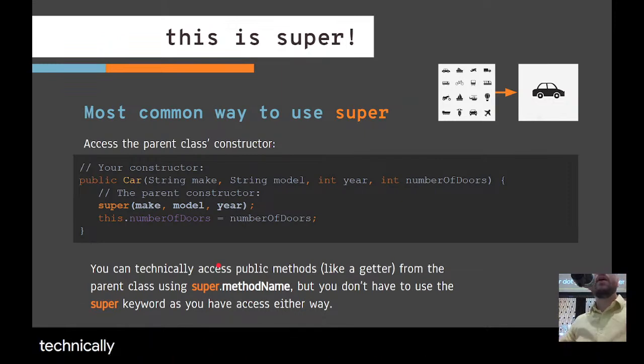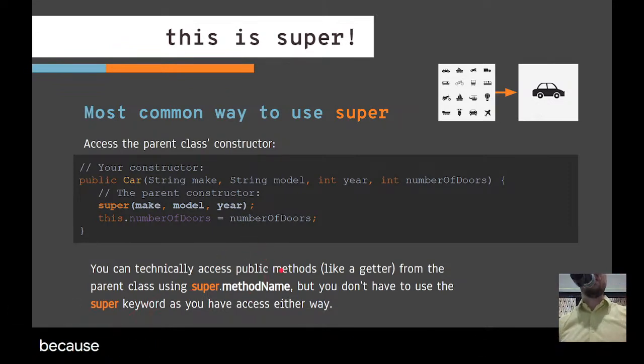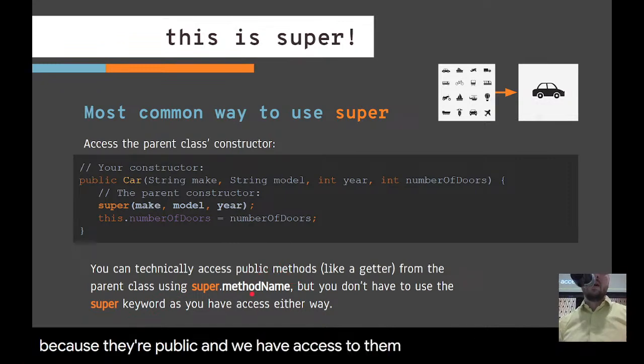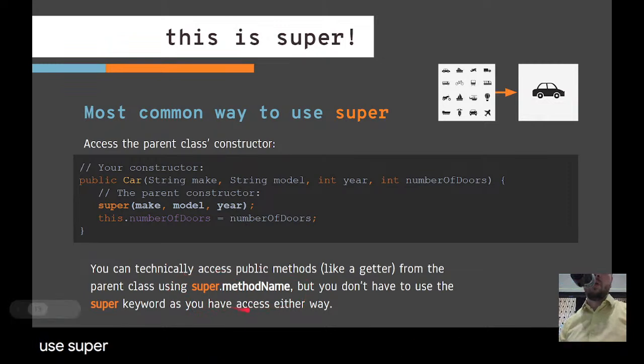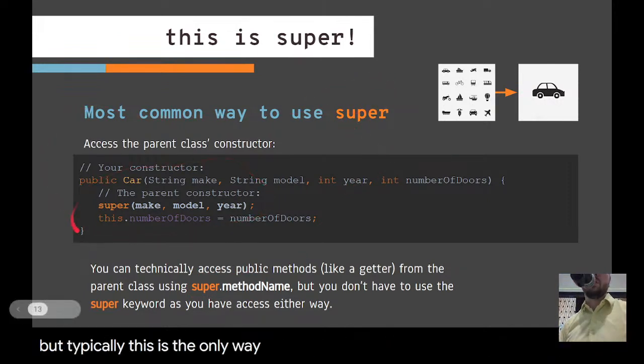We can technically do that because we have access to it. It's public and it's technically part of the super. We just technically don't have to because they're public and we have access to them. So this is a valid way to use super, to explicitly say super.method name, if it's public. But typically the constructor is the only way we use super.